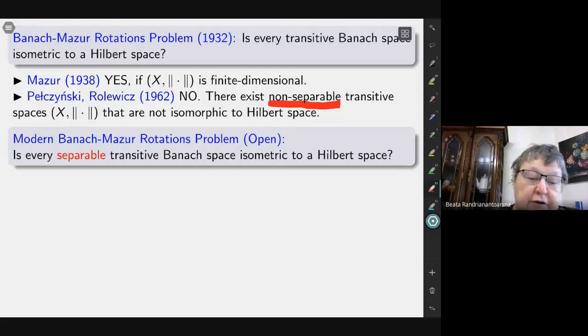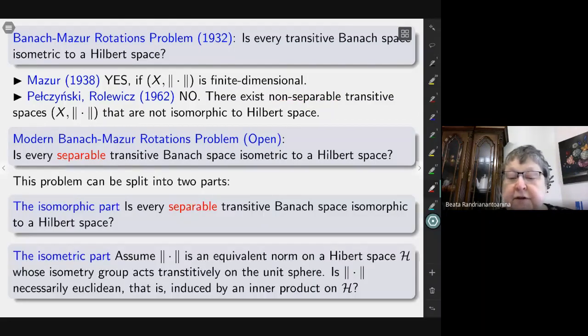The spaces that Pełczyński and Rolewicz discovered are non-separable. So in the case when they are separable and infinite dimensional, does it mean that every separable infinite dimensional transitive Banach space is isometric to a Hilbert space?